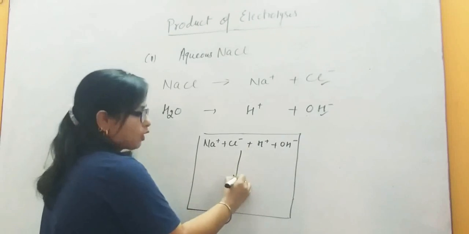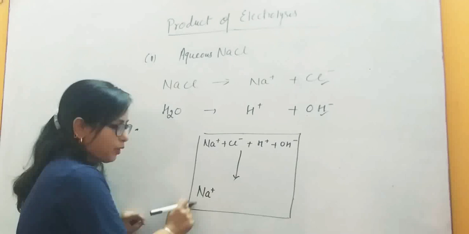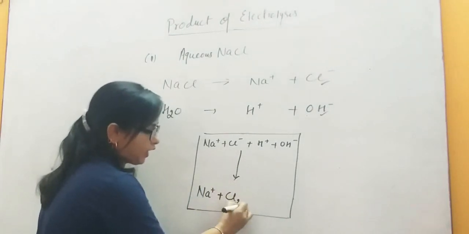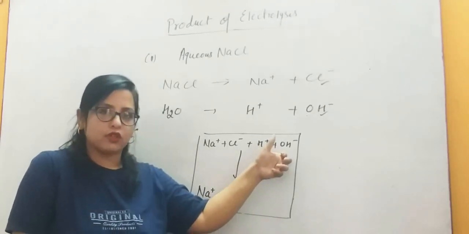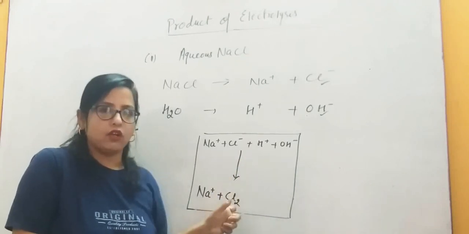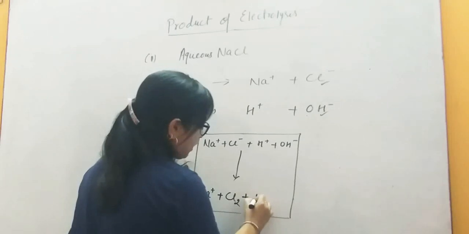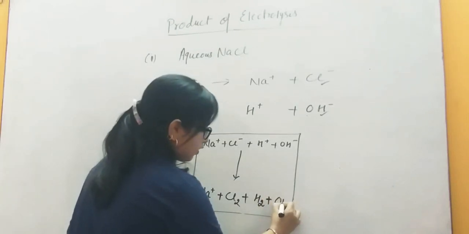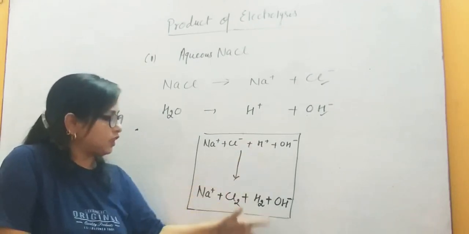Now what are the products? Na+ cannot be converted into sodium, so it remains in the form of Na+, and chloride is converted into chlorine gas, because, due to the high oxidation potential of oxygen, it cannot be collected on the anode. The H+ ion is converted into hydrogen gas, and OH- ions remain in the same form.